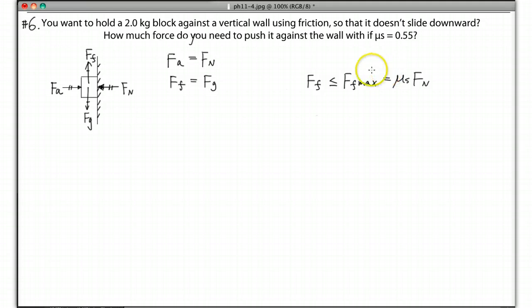Okay, now the question actually implies asking how much force you need, which is asking for the minimum force.